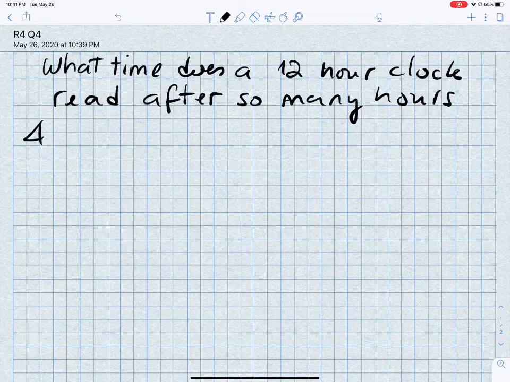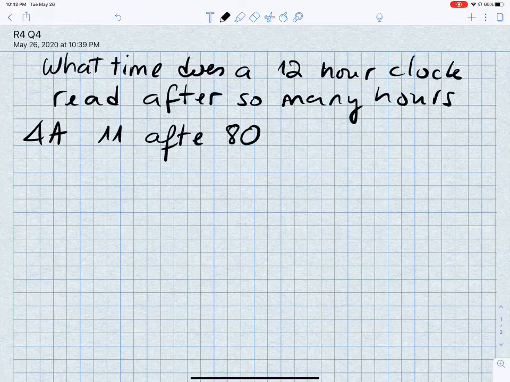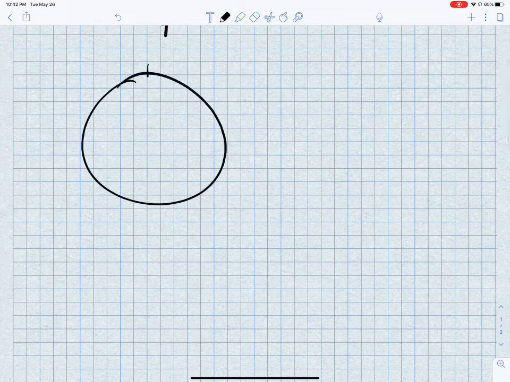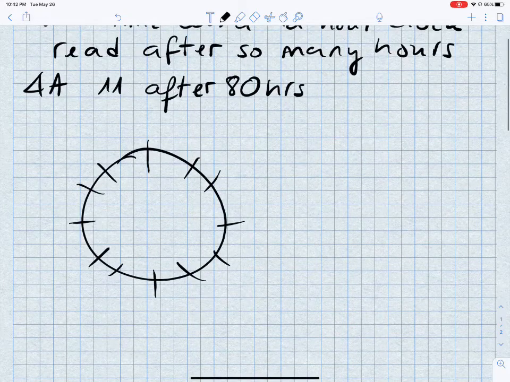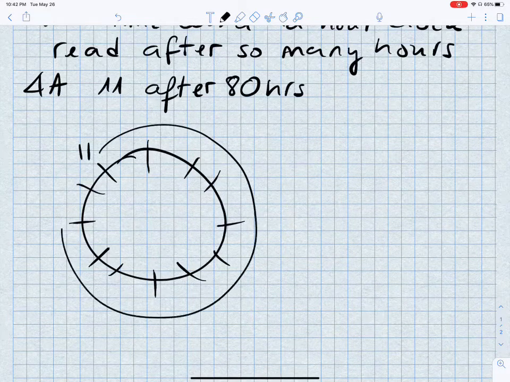So for 4a, it asks, if it starts at 11, what does it read after 80 hours? One way to think about this graphically is to think of a clock with the 12 hours. If you start at 11 and go around once, after 12 hours, you end up again at 11.